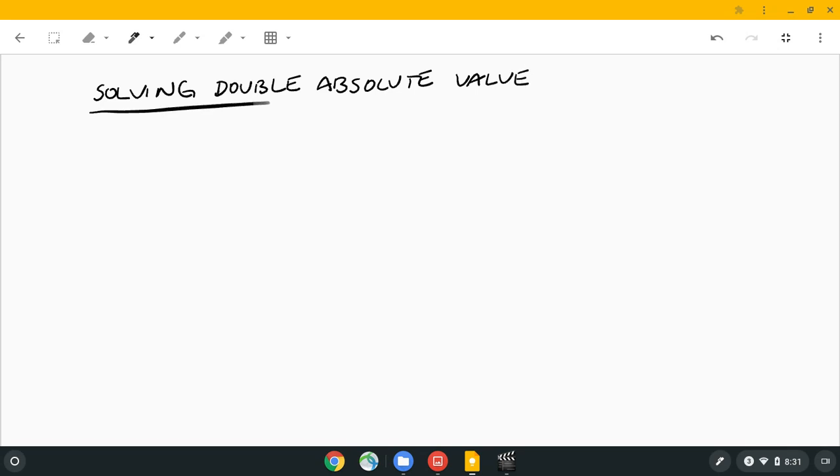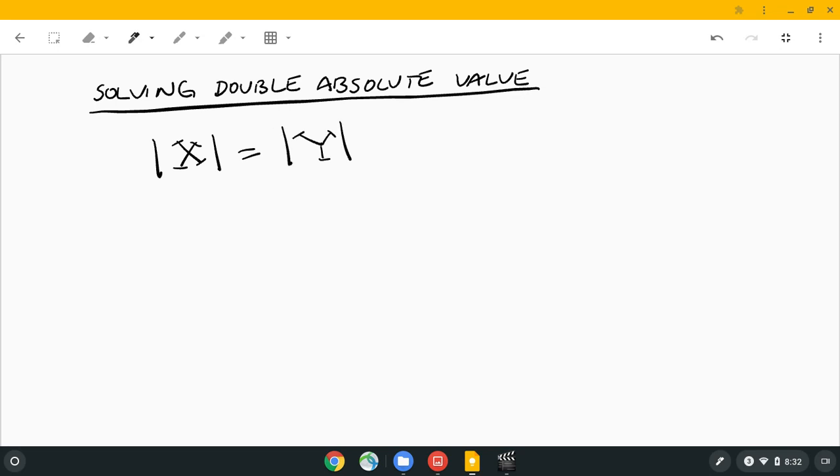Solving double absolute value. Okay, so you might have something like this. Okay, you have something inside here equals something inside here.